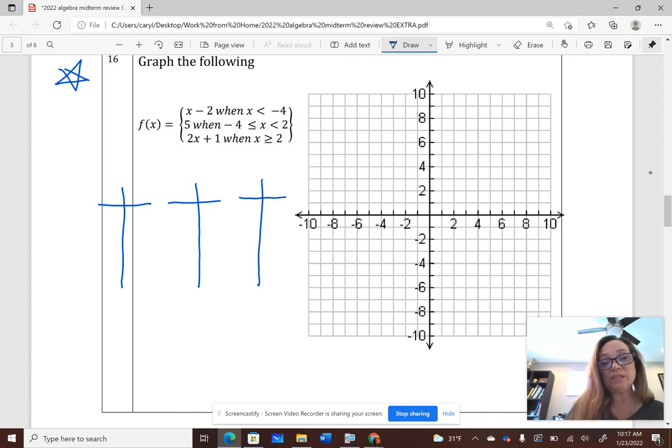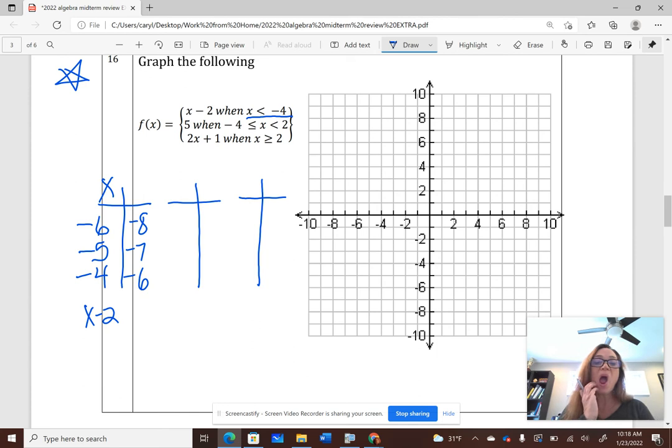I'm going to start with the first piece, and it says for x's that are less than -4. So that would be numbers like -6, -5, and -4, numbers which are less than -4. And then it says use x subtract 2. So that would give me -8, -7, and -6.